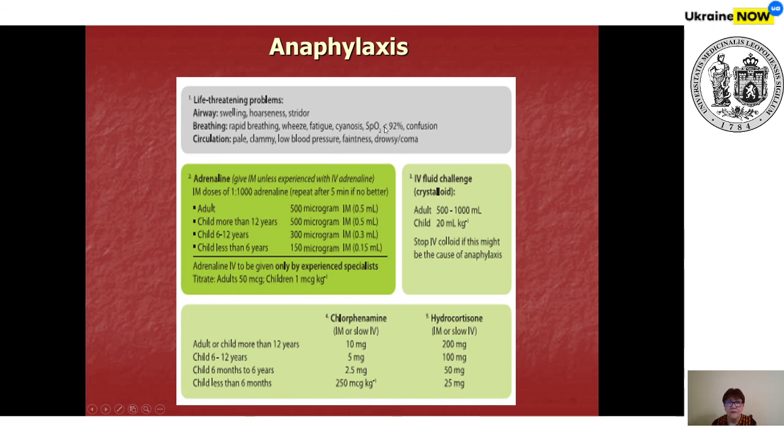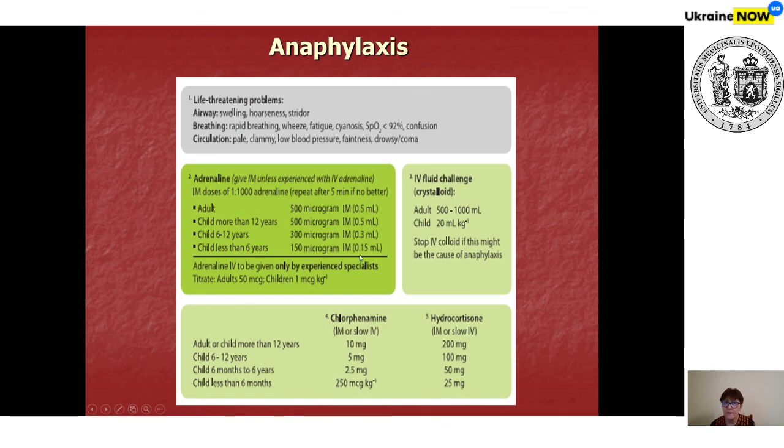In the presence of any of these life-threatening problems, you should start with intramuscular injection of adrenaline, 0.5 ml in adults, and there is a dosage for children. Adrenaline intravenously is to be given only by experienced specialists, mainly anesthesiologists and emergency medicine specialists.